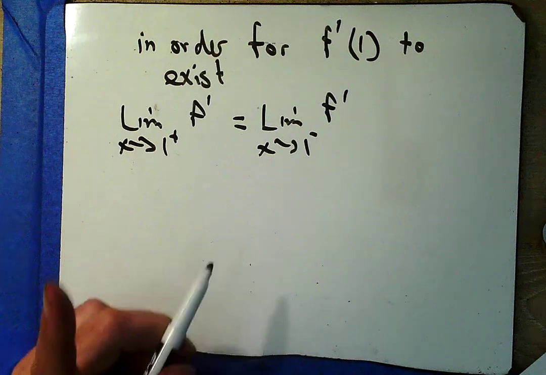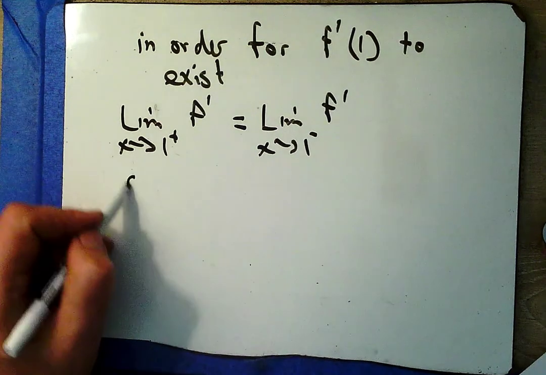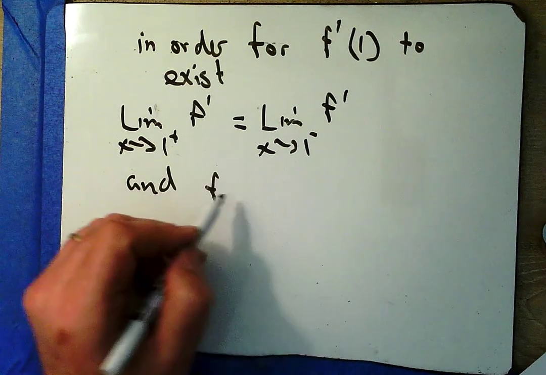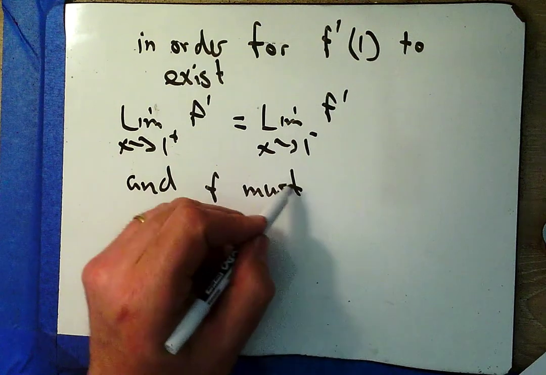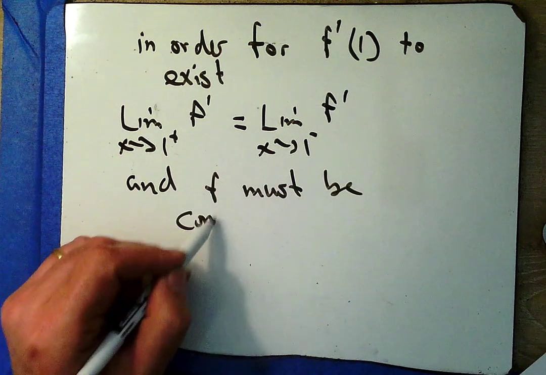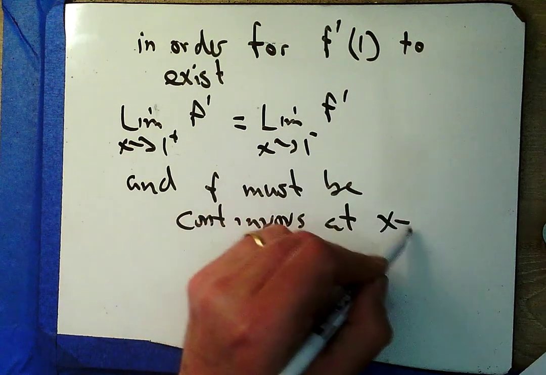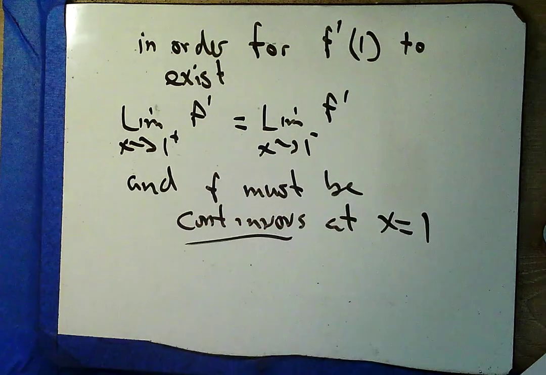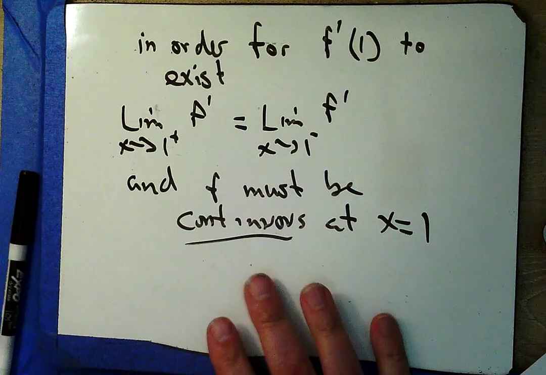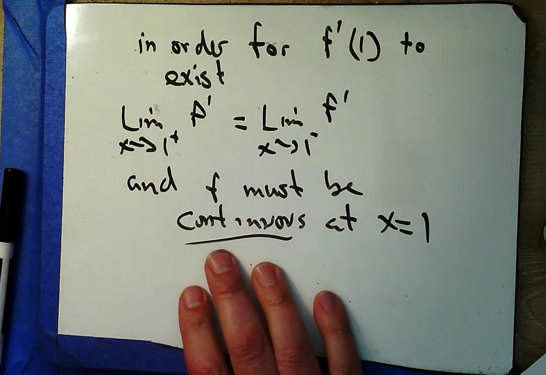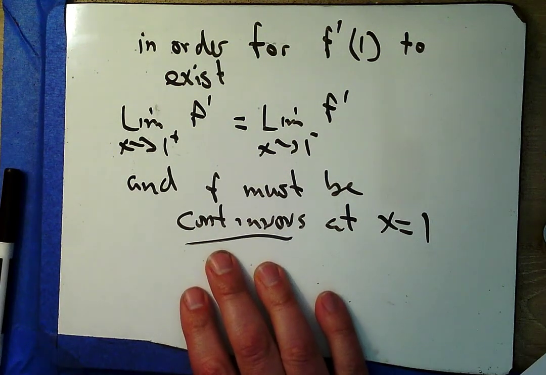But we need one other thing: f must be continuous at x equals 1. And this is why we had to learn about continuity, because if the function is not continuous, there can't be a slope there.